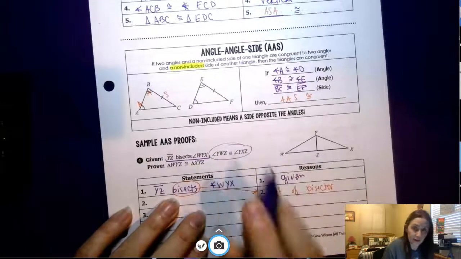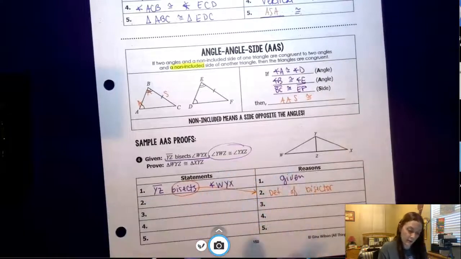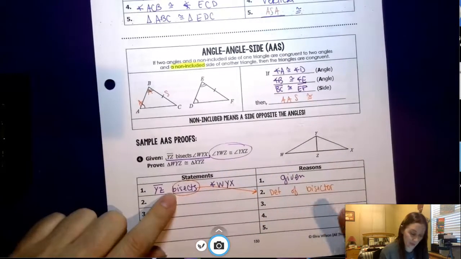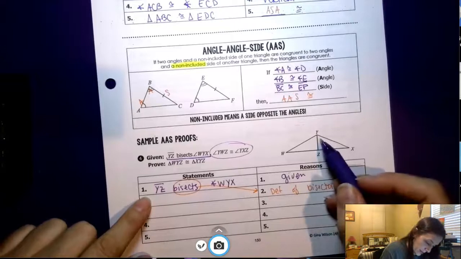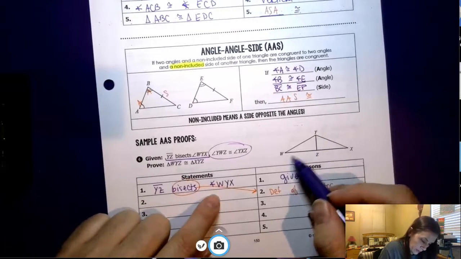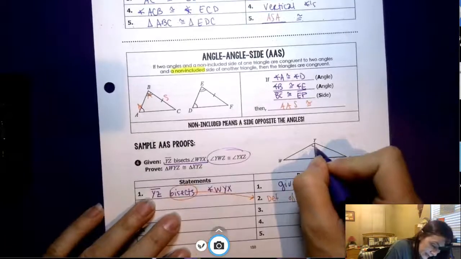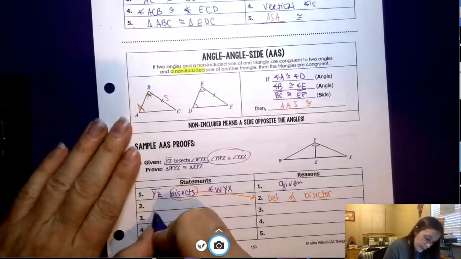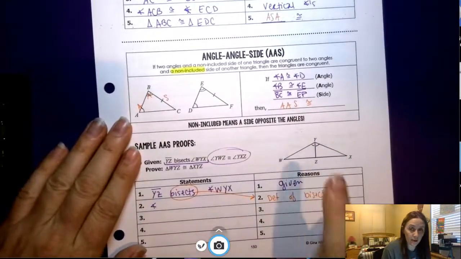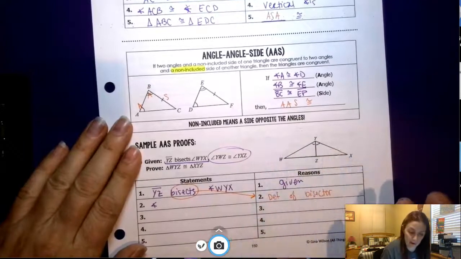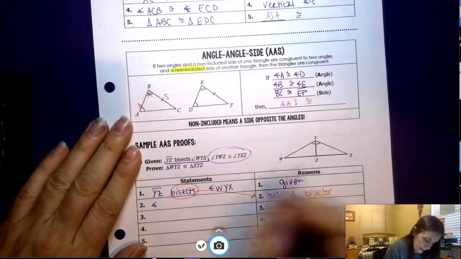Now I have a second given. I'm going to come back to that, because I said, well, that says bisect. I'm probably going to use the bisector. YZ bisects WYX. That means it cuts this angle in half. So I'm going to have to name the angle, and I can't say angle Y this time because it could be different angles. It could be WYZ.